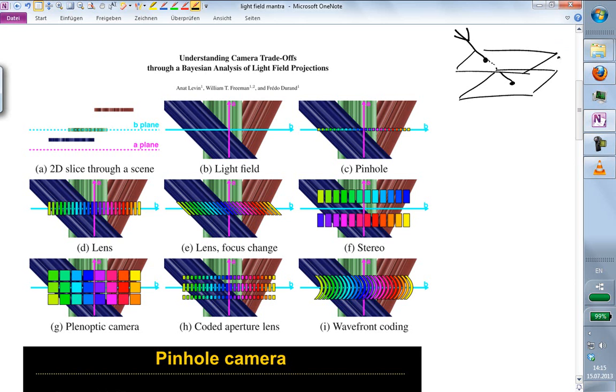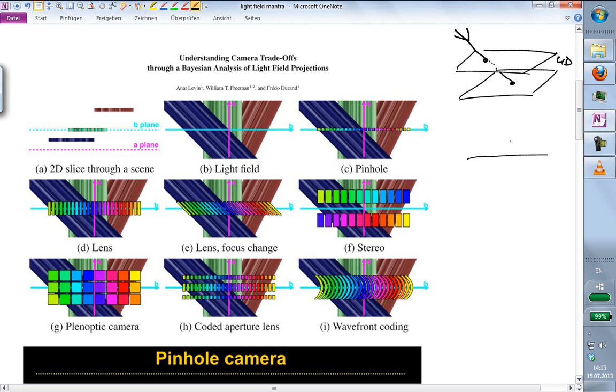So we have an entity that is altogether 4-dimensional, and because it's always hard to draw things in 4 dimensions, we restrict ourselves now to just one spatial dimension. And this is what in the figure is called the A plane and the B plane, with the 0 here being in the middle. And we can now index each ray.